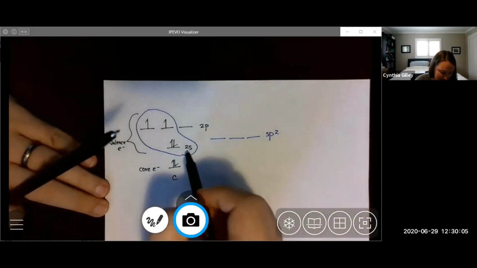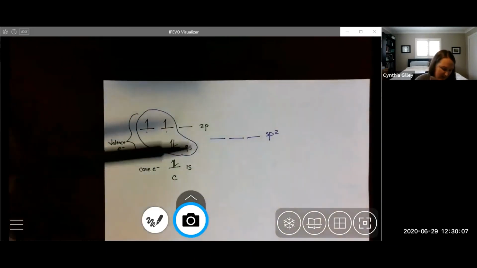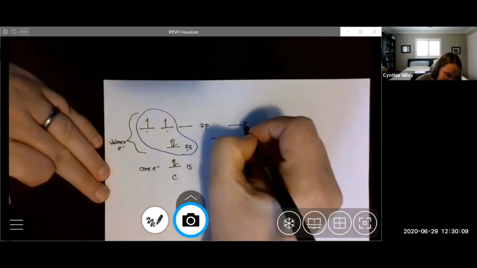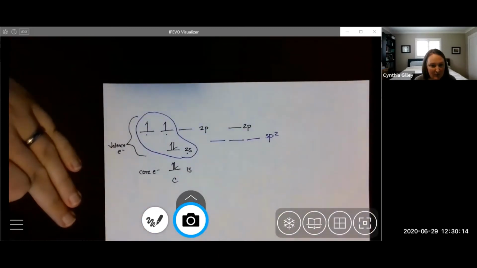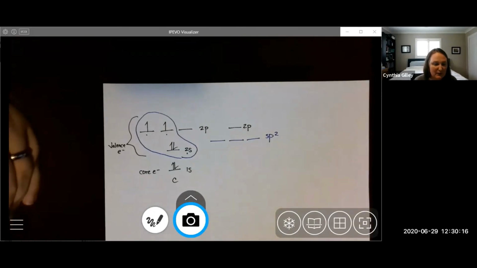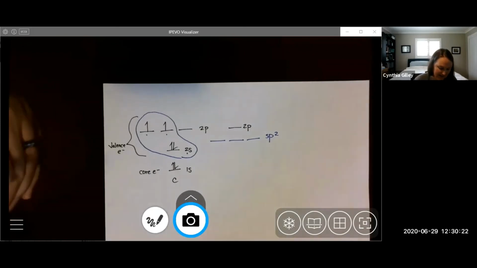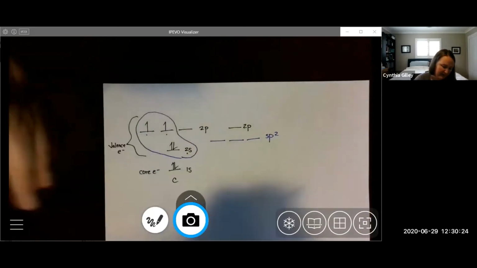That's where the sp2 comes from, which means I have a remaining unhybridized p orbital, or 2p orbital. I usually say 2.